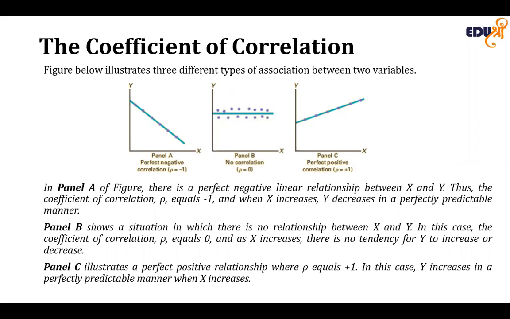In the second panel, rho is 0, so there is no correlation between the two variables. In the third, rho is +1, a perfectly positive correlation, so if x increases, y also increases in the same manner.